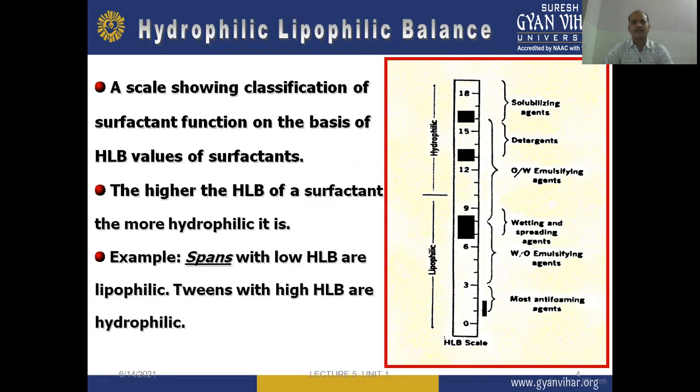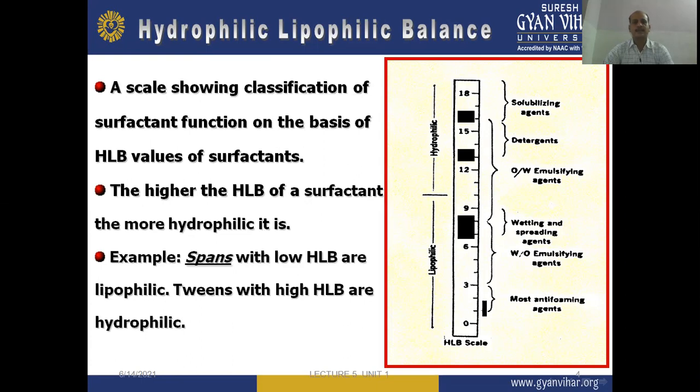So Griffin gave an arbitrary scale having 20 points to explain the different functions of surface active agents based on their hydrophilic, lipophilic balance value. So it is a scale showing classification of surfactant function on the basis of hydrophilic, lipophilic balance values of surfactants.